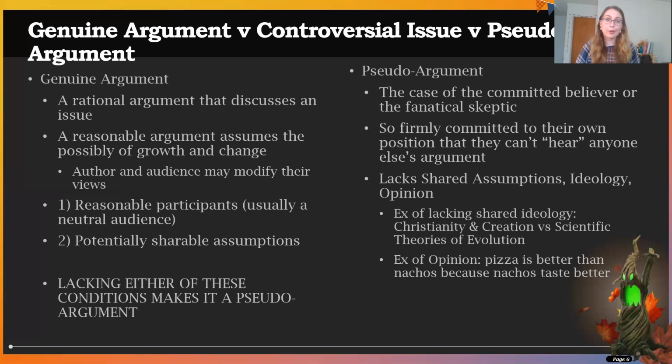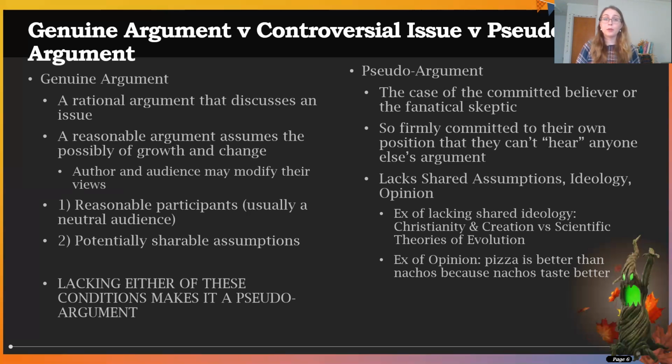So what is a genuine argument? A genuine argument is a rational argument that discusses an issue. It's a reasonable argument assuming the possibility of growth and change, where the author and audience may modify their views reasonably. So there are two stipulations to this.